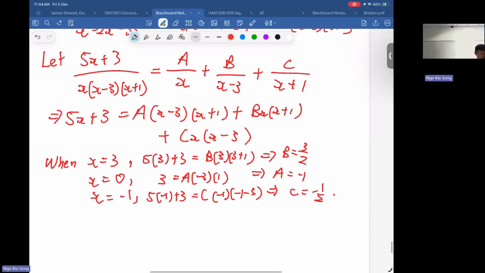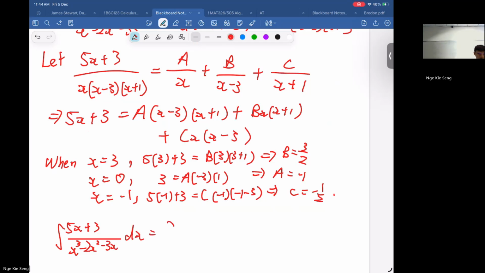If you put everything in, you will get the integral of -1/x plus 3/2 times 1/(x minus 3) minus 1/2 times 1/(x plus 2).